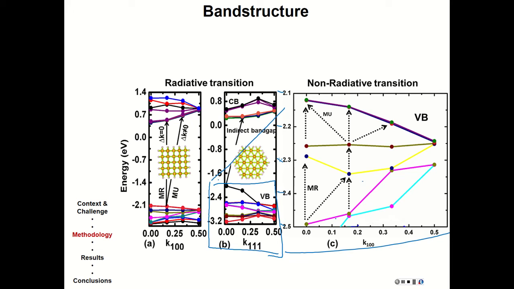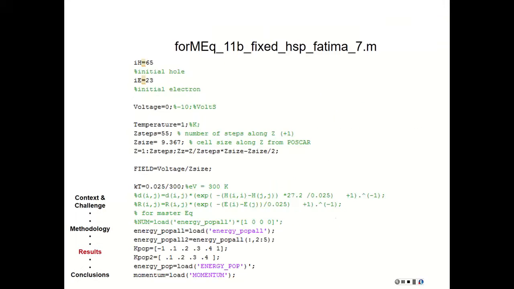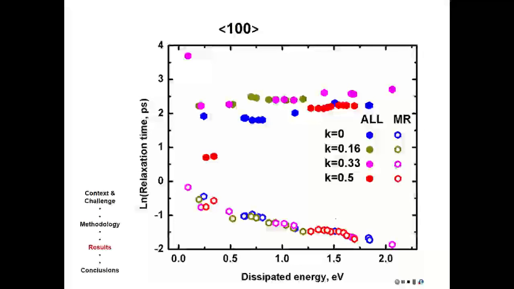If you go to the last plot, the sum of the population of the hole over all momentum points is equal to one. We have four sets of data, one for each K point, right? They differ by color.